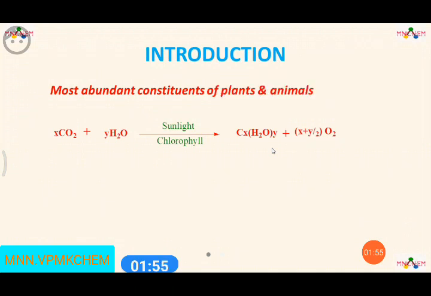These carbohydrates are the most abundant constituents of plants and animals. Plants have more proportion of these carbohydrates. As we know, the green plants can synthesize carbohydrate with the process of photosynthesis.